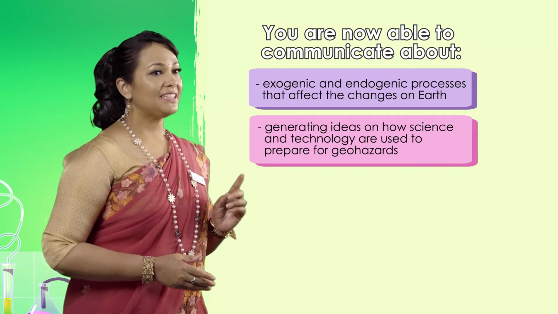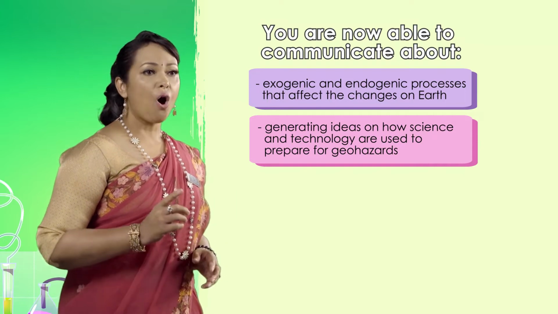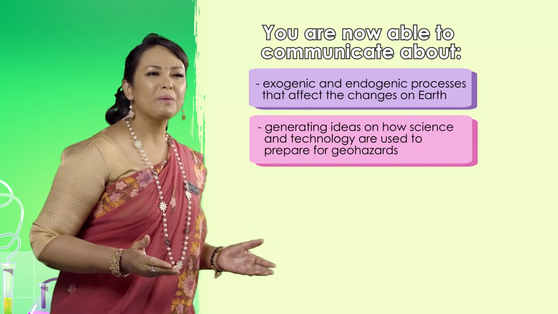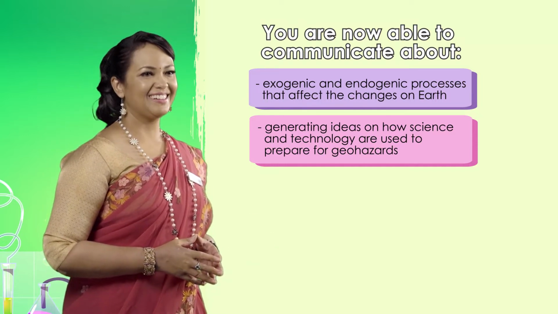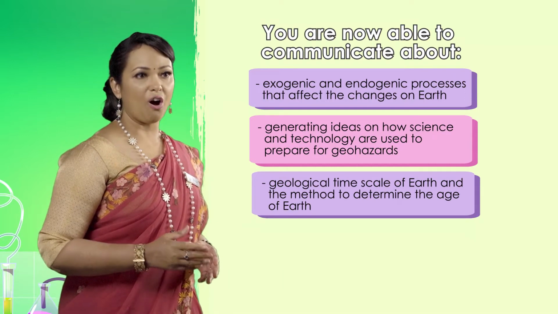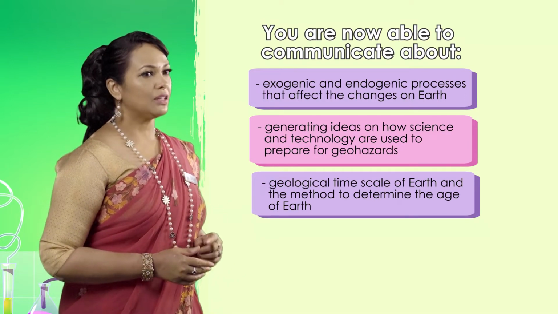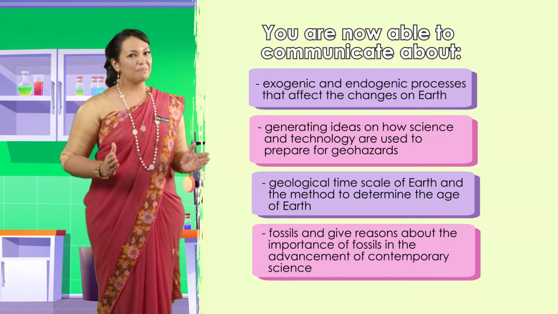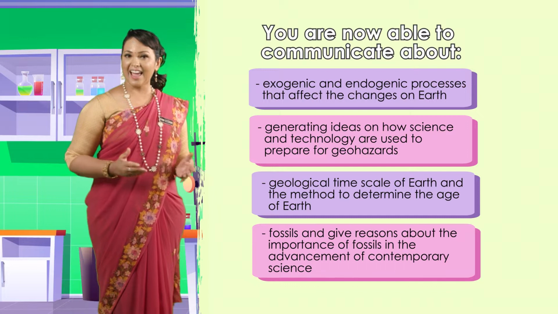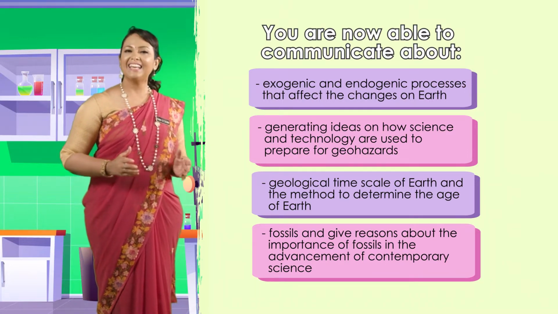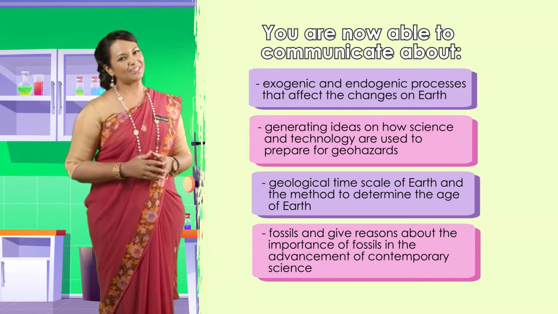Communicate by generating ideas on how science and technology are used to prepare for geohazard. Communicate about geological time scale of Earth and the method to determine the age of Earth. Communicate about fossils and give reasons for the importance of fossils in the advancement of contemporary science.